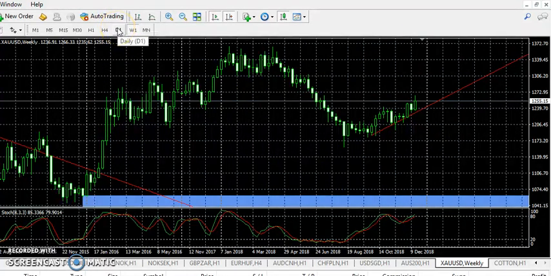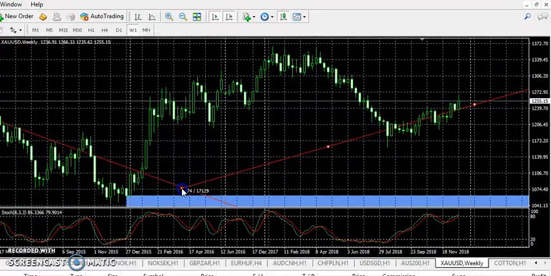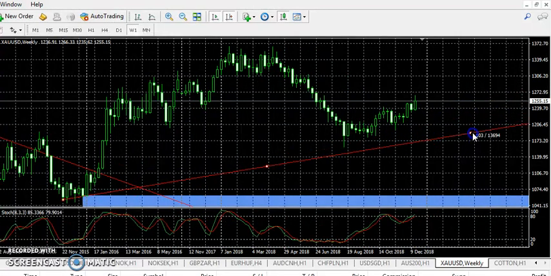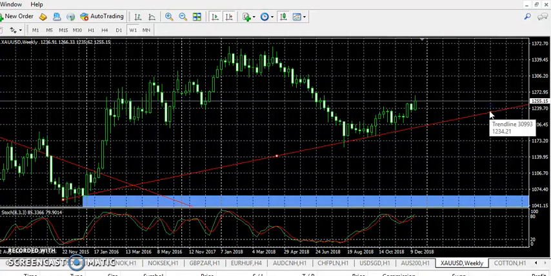Let's get to the daily, and as we can see from the weekly as well, if we extend this here, we can see that on a broader perspective of things, we have the trend line being respected there, here, and up, and then here again respecting our trend line, and as we said before on the monthly, that this is a structural retest of this to go up and break these highs here.